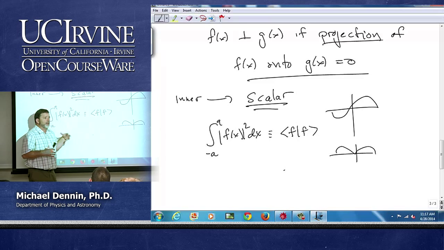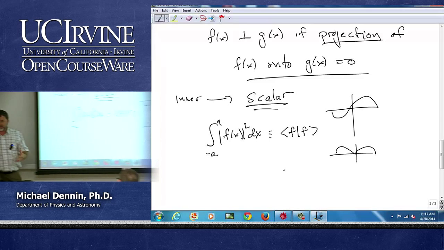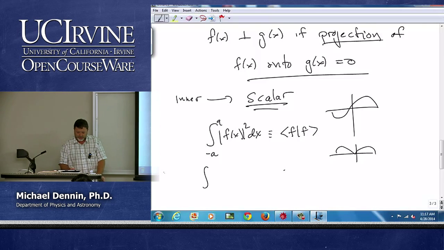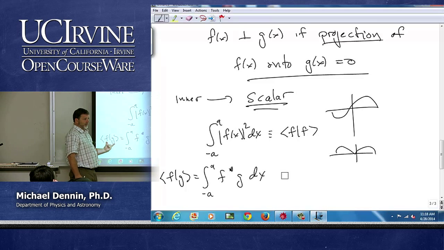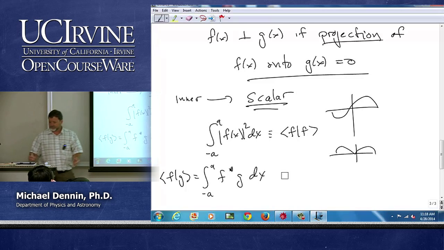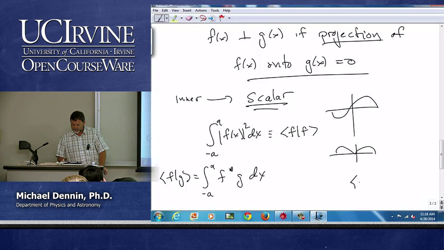Now let's ask ourselves, does this definition of inner product make sense for the idea of a projection? Because that's going to tell me if I project g onto f, I'm going to integrate f, and I'm going to put a complex conjugate there because I know that my inner product, when I switch it, gets a complex conjugate. So <f|g>, this is my rule of defining an inner product.